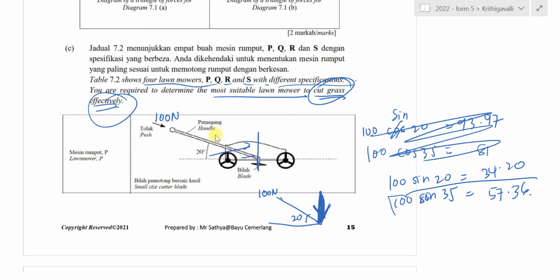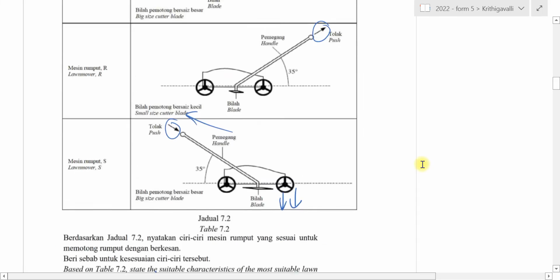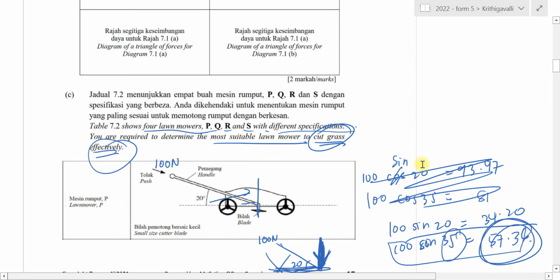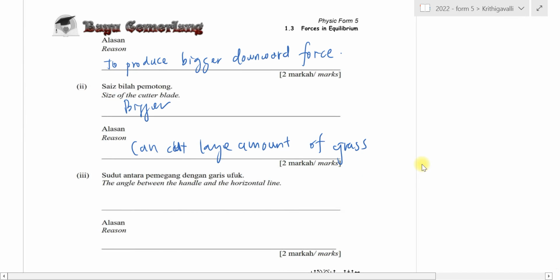So obviously bigger angle, bigger downward force, not the horizontal force. Because we are not taking into account the horizontal force but the vertical force, so we use sine here. So the angle should be bigger.